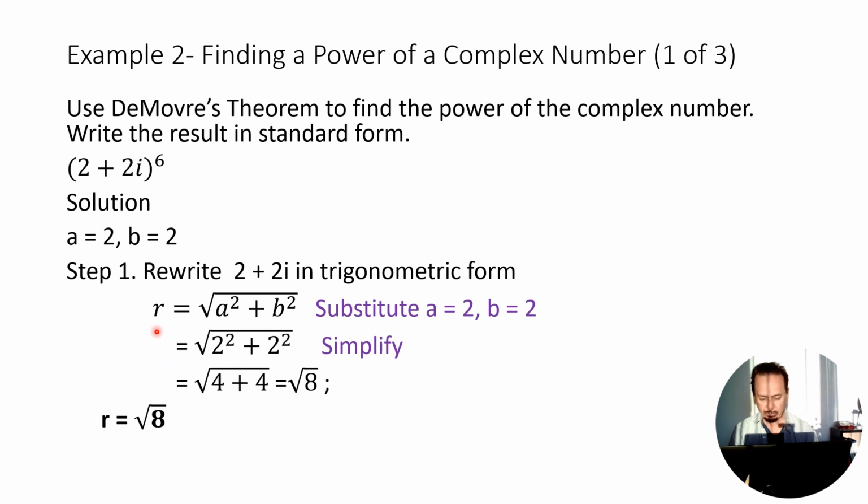So r equals the square root of a squared plus b squared. We substitute a equals 2, b equals 2. So this becomes the square root of 2 squared plus 2 squared. 2 squared is 4, 2 squared is 4. So we have the square root of 4 plus 4, which is the square root of 8. Therefore, r equals the square root of 8.